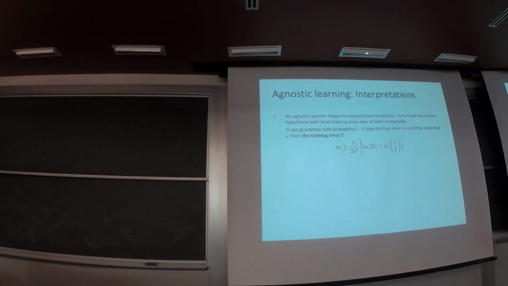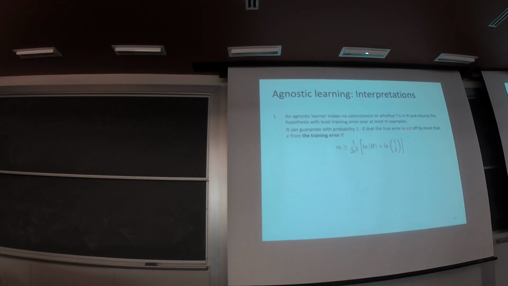So now, put them all together. That's the sample complexity for agnostic learning. First, an agnostic learner never commits that the target concept must belong to the hypothesis space, and does not guarantee zero training error.